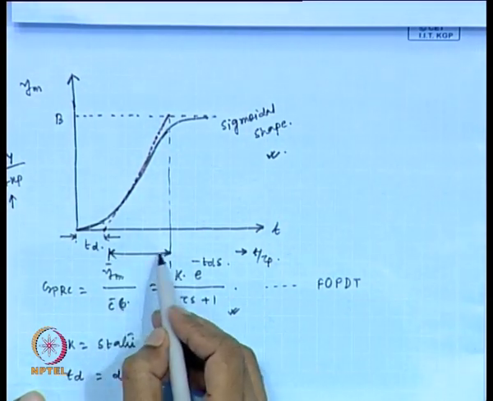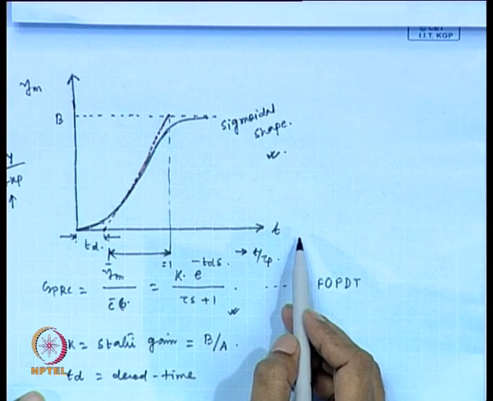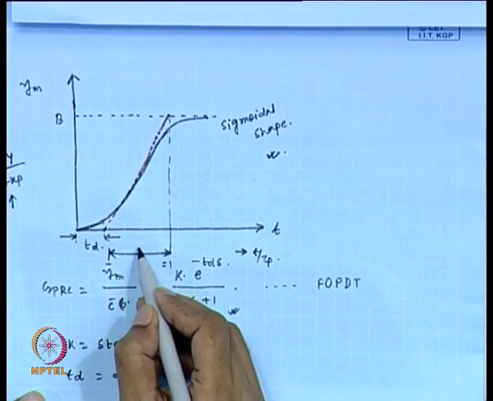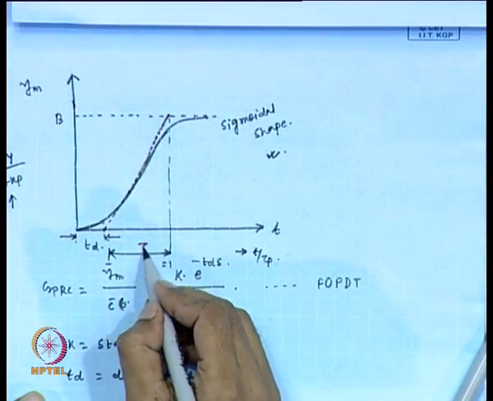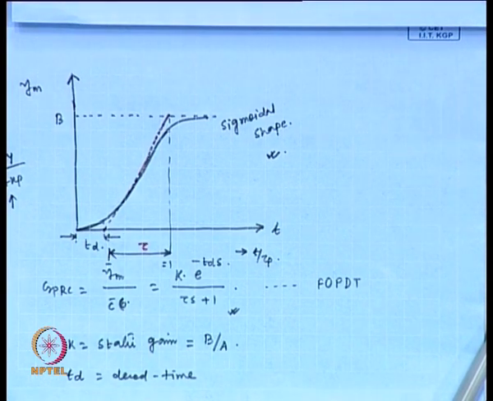So, how much is this quantity if we plot y versus t? T divided by tau p equals 1, that means t equals tau.